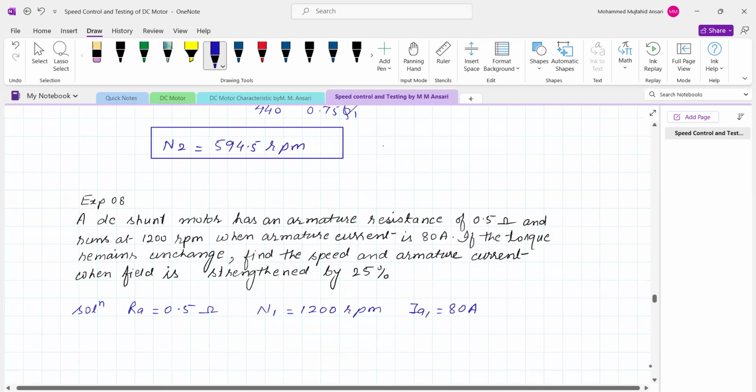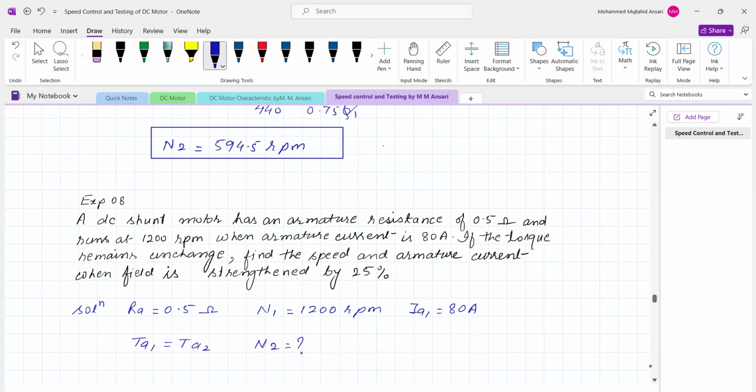If the torque remains unchanged, so TA1 is equal to TA2, find the speed, which means we have to determine the speed when the field is strengthened by 25%.